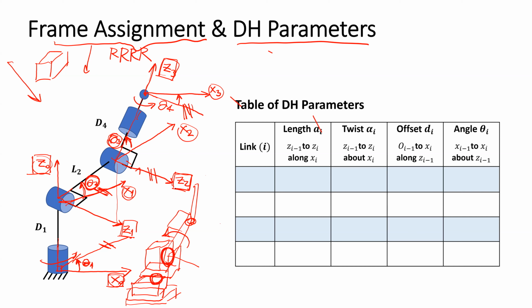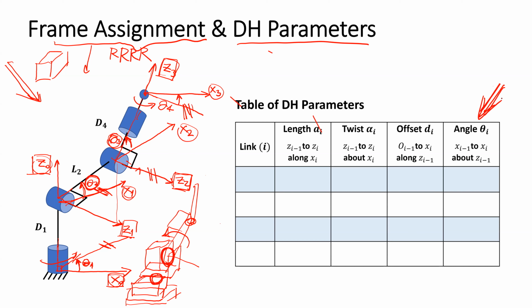The main goal of today's class is, if you already have this table, what is the next step to obtain the forward and the inverse kinematics? So if you still have some confusion here, don't worry, just spend time after the class to recheck the concept. But the important part of today is after we have this table, what is the next step?